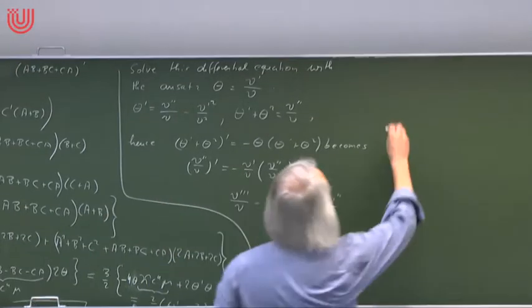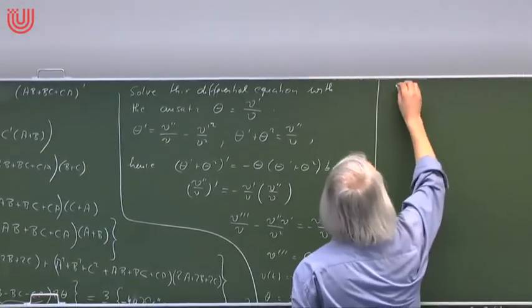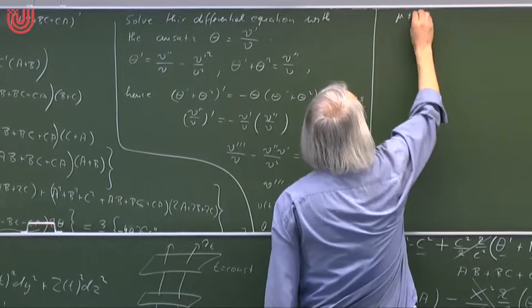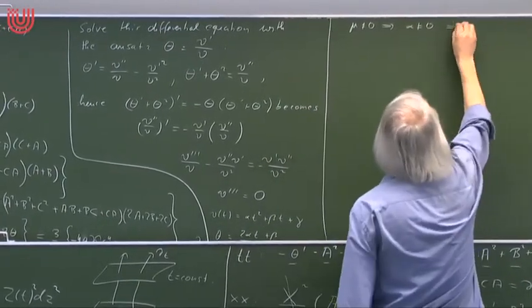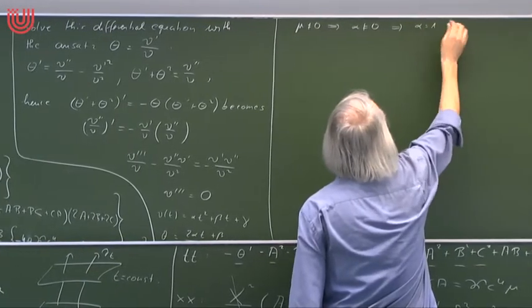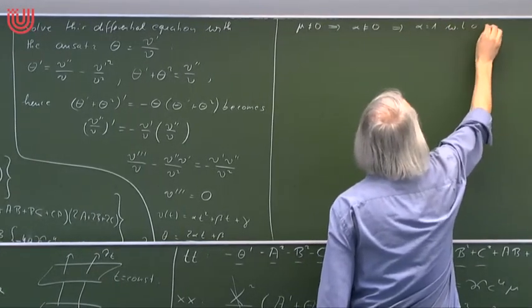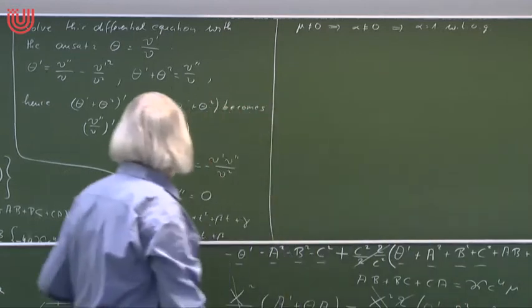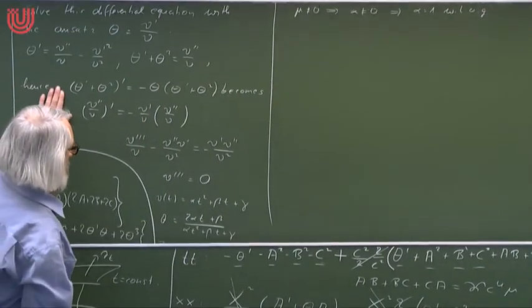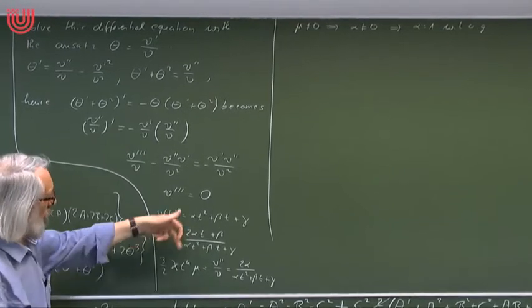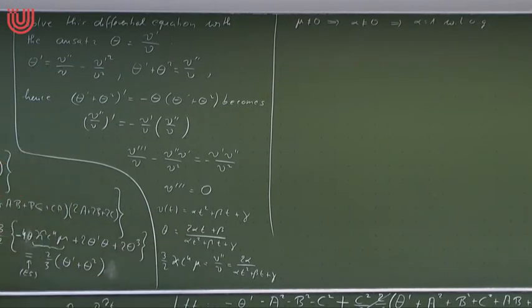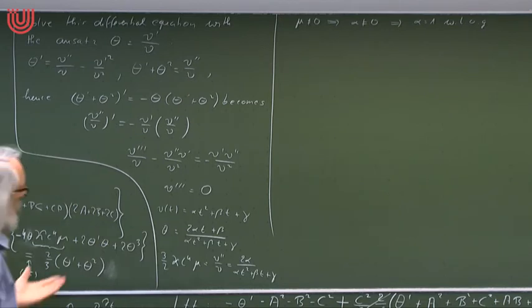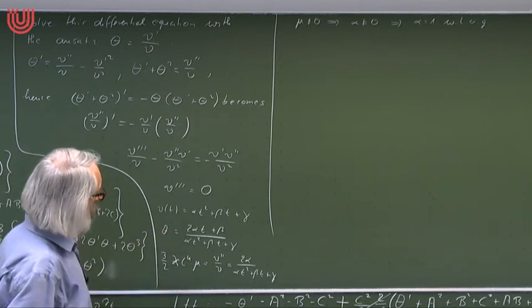Let me write down what I've just said. We want to have mu different from 0. This implies alpha is different from 0. And this means we can set alpha equal to 1 without loss of generality, because alpha enters into the theta only in this way, that we can divide by alpha above and below the line, and then we get the expression with alpha equal to 1.